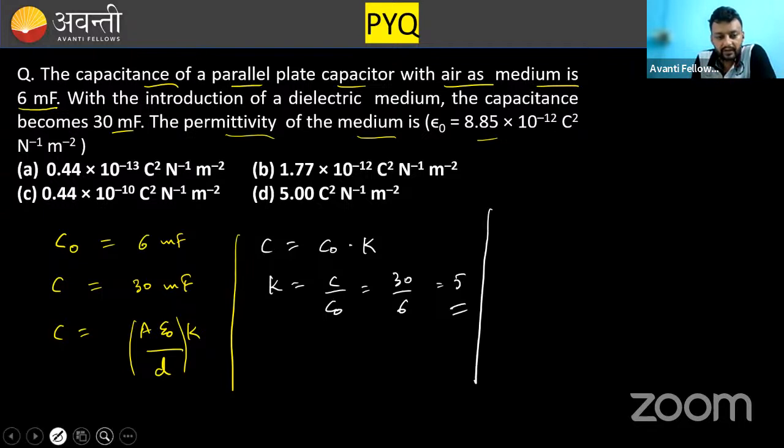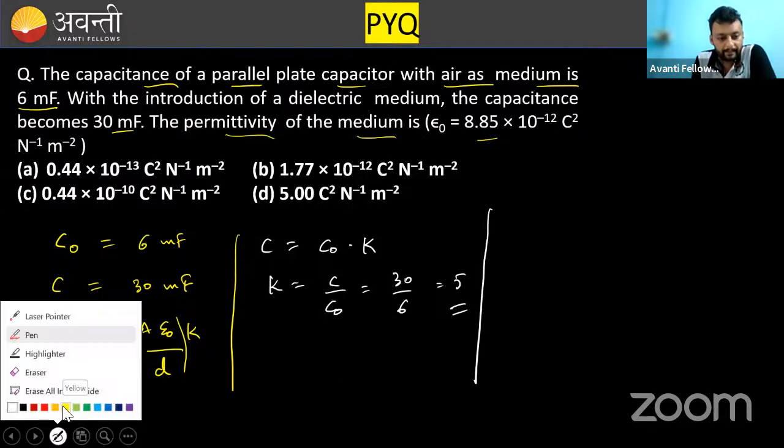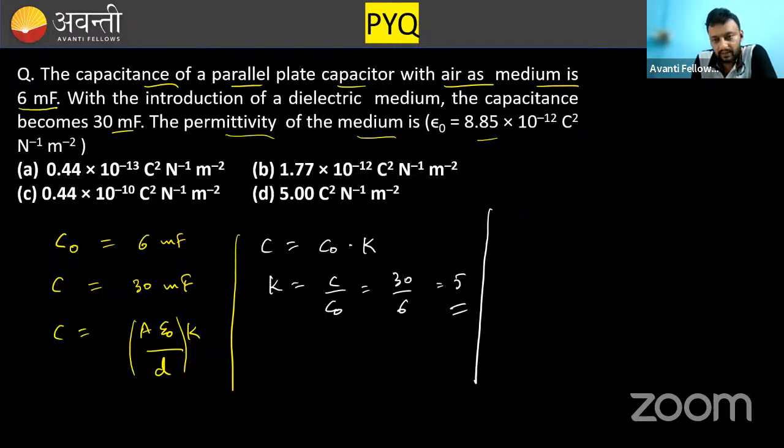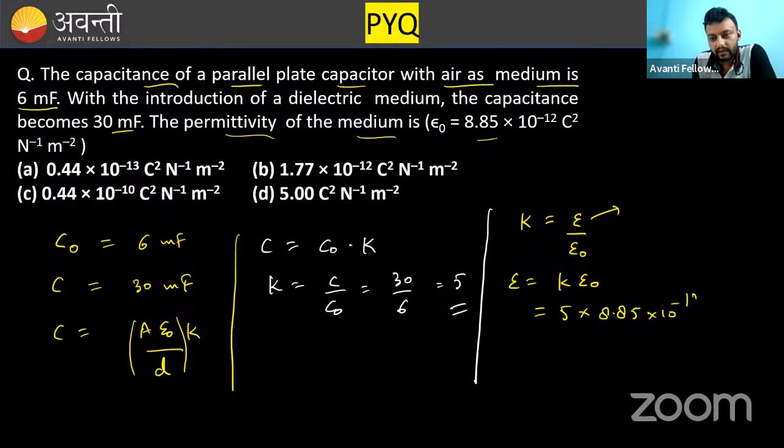Now you want to calculate the permittivity of the medium. What is permittivity? Now you know that K is equal to epsilon upon epsilon naught. So the permittivity of the medium is K times epsilon naught, and you can place the values. K is 5, epsilon naught is 8.85 times 10 raised to the power minus 12.